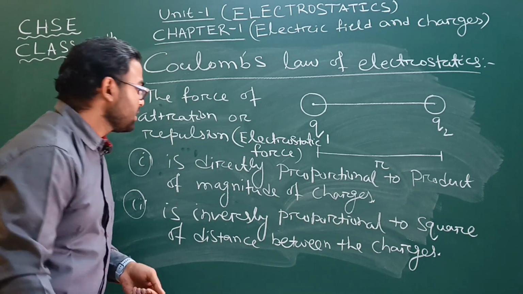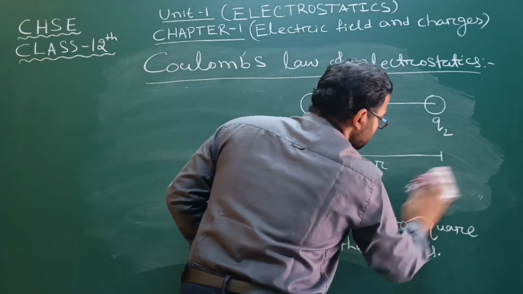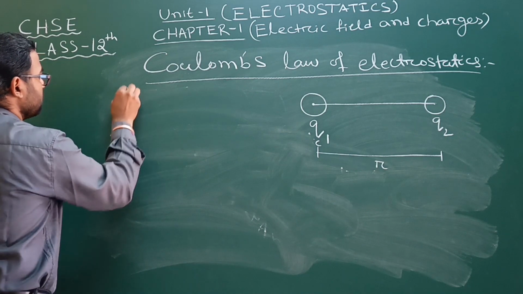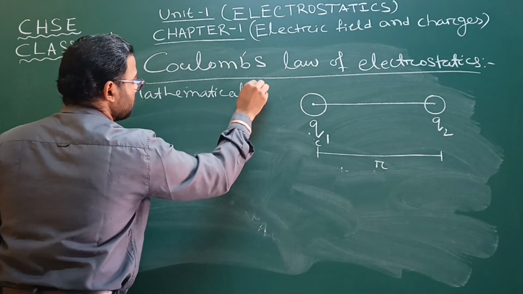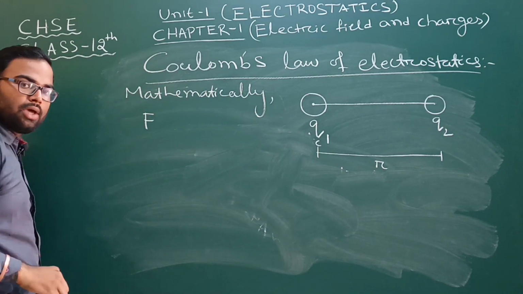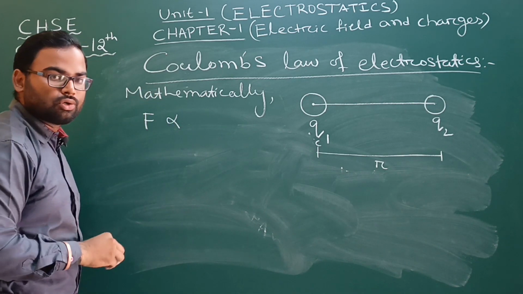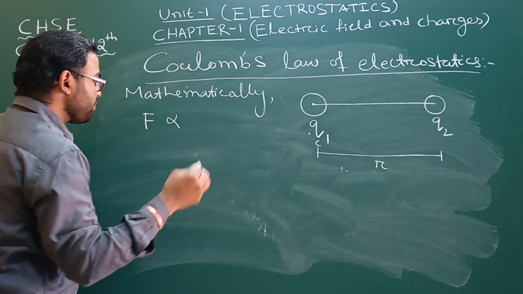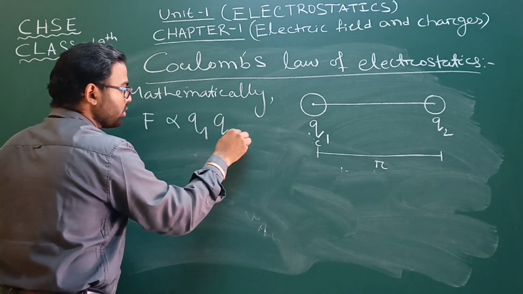We can write it mathematically. In mathematical form, force is denoted as F. Force is directly proportional to the product of the magnitude of charges, that is mod q1 into q2.